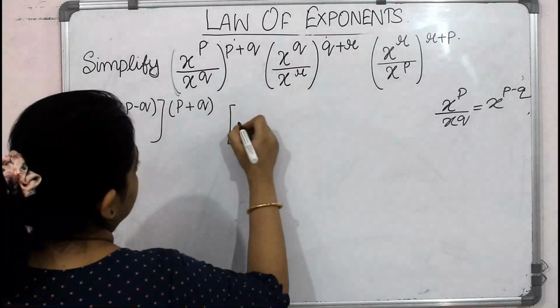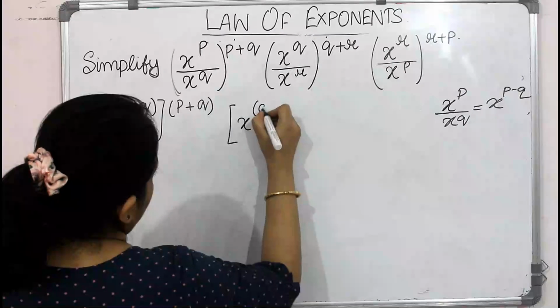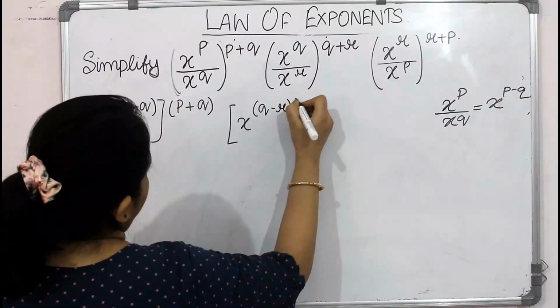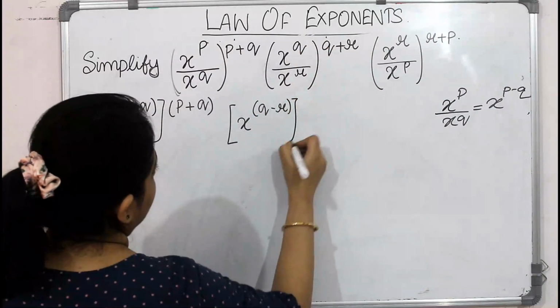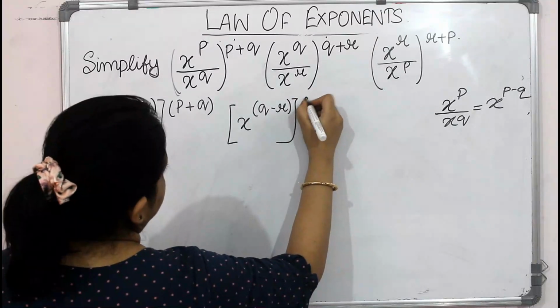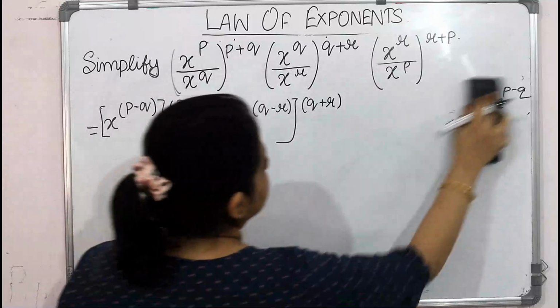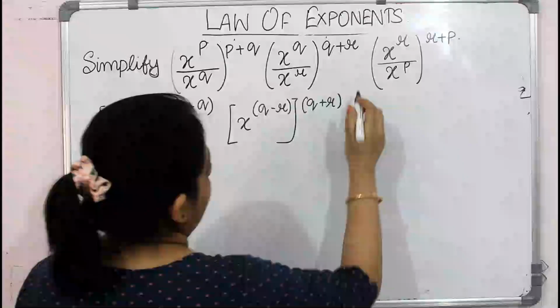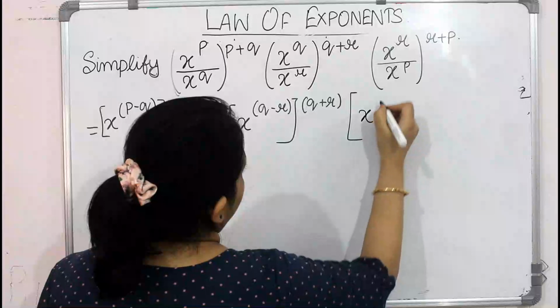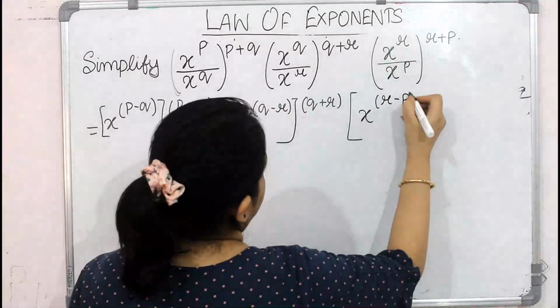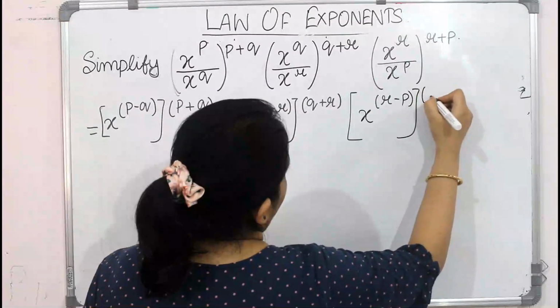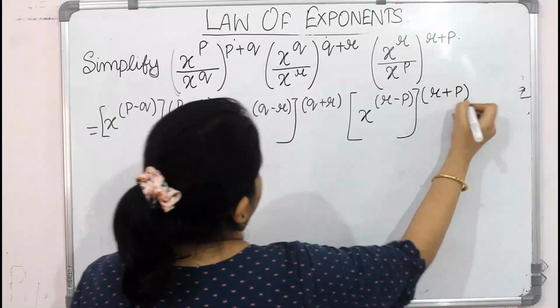Here also same base, both of them are being divided. So you have to subtract the powers. So this is q plus r. And here it is x to the power of r minus p to the power of r plus p.